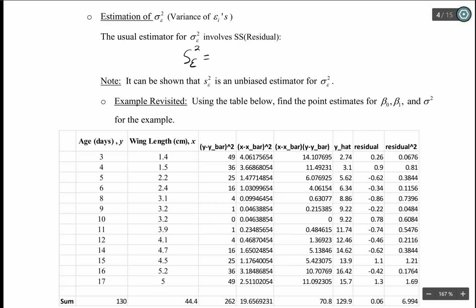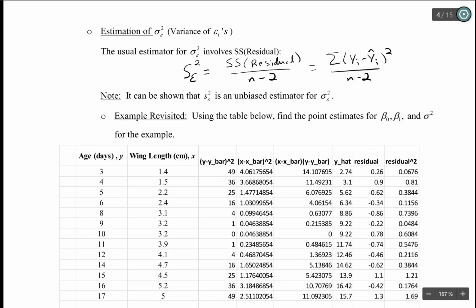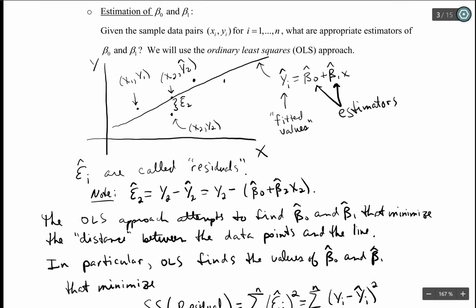SE squared is determined by the data, and it's the sum of squares residual divided by n minus 2, which is the sum of yi minus yi hat squared over n minus 2. On the scatter plot, the residual is the distance between the response and the line; you square that and add those up, and that gives you SS residual.